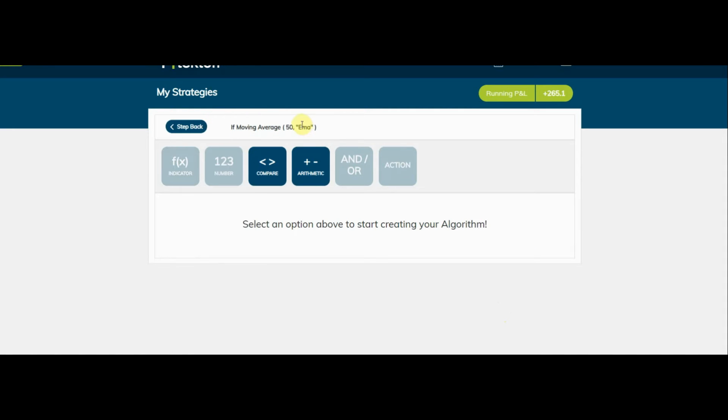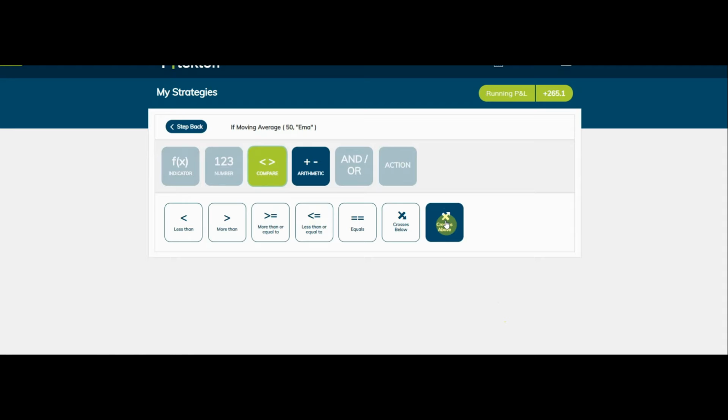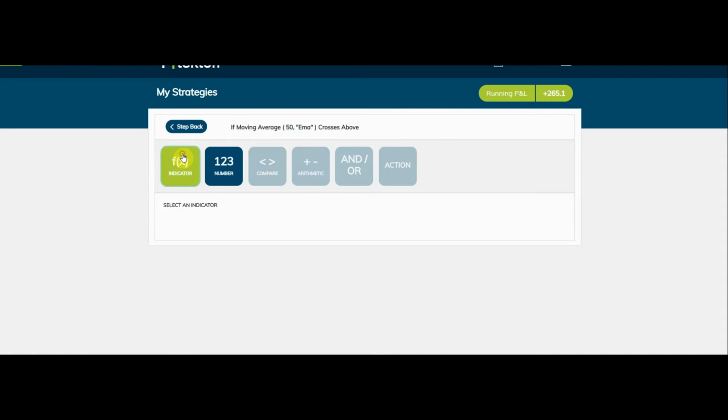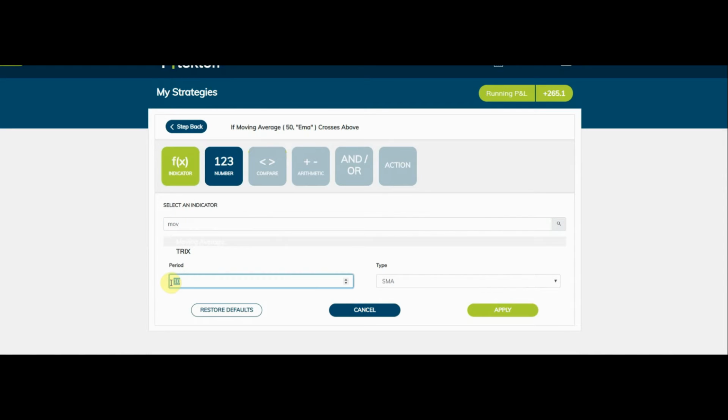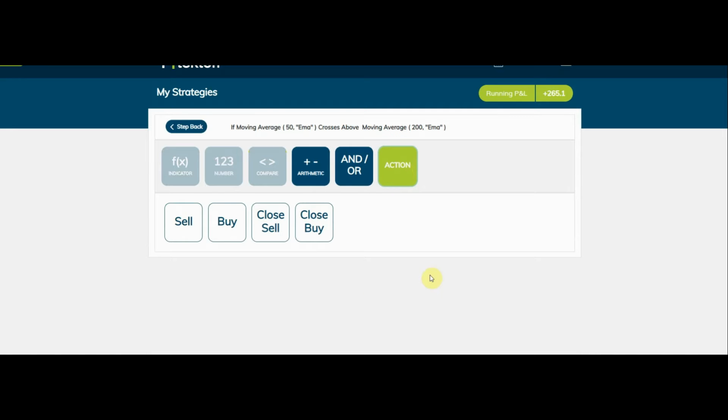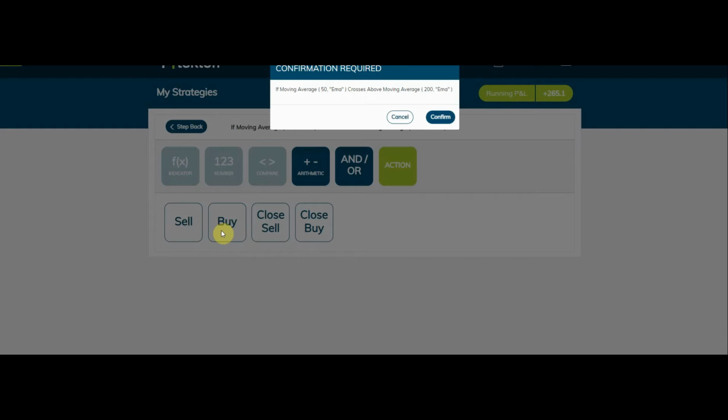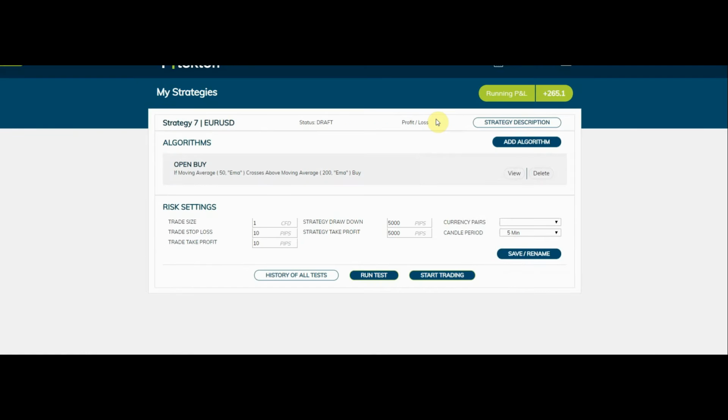If the 50 moving average is starting to be completed, now we've got the compare function, which is the instruction, crosses above, so we've got all the different options here, crosses above the 200 moving average, apply. The action is to buy, because it's crossing up, and that has written our open buy condition.